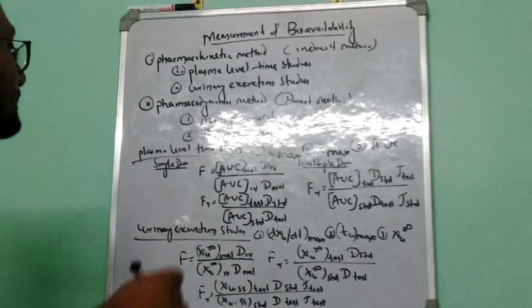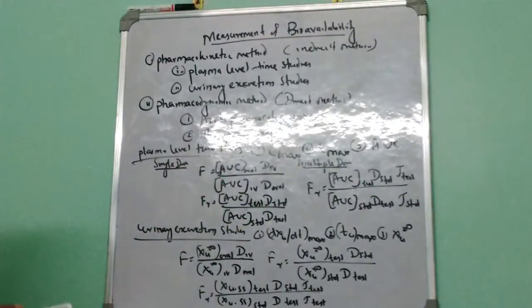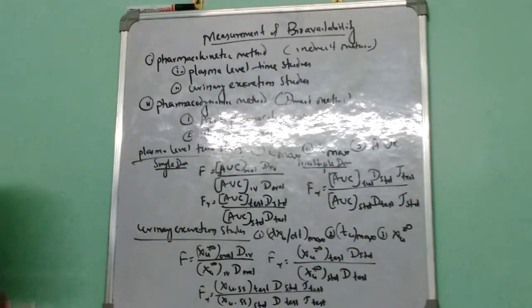What are the three parameters? Cmax, Tmax, and AUC. What is Cmax? Cmax means peak plasma concentration, as I told you. That means the maximum drug concentration in plasma. The Cmax will increase when we increase the dose. Then coming to Tmax, it is the peak time.